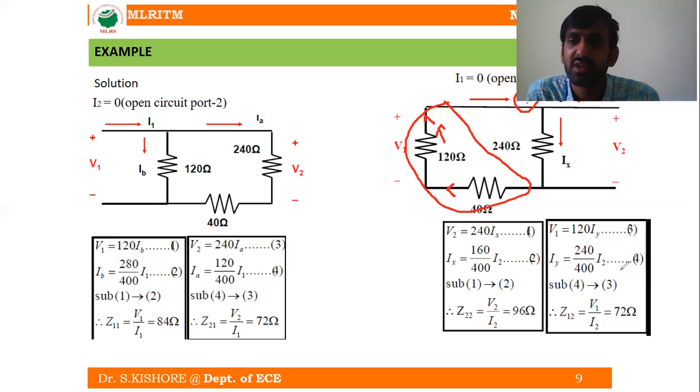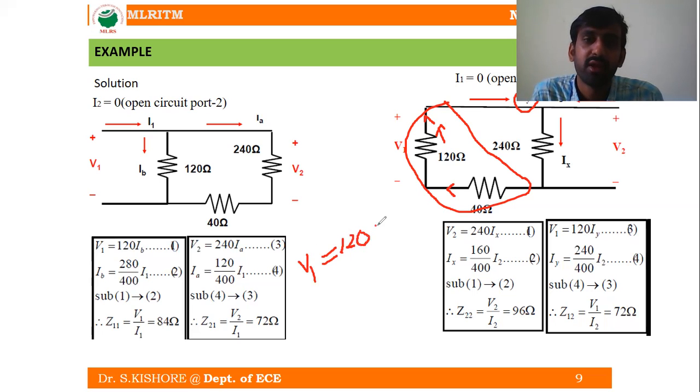Now substituting equation number 4 in equation number 3. What is equation number 4? IY is equal to 240 divided by 400 into I2. So V1 is equal to 120 into 240 divided by 400 into I2.